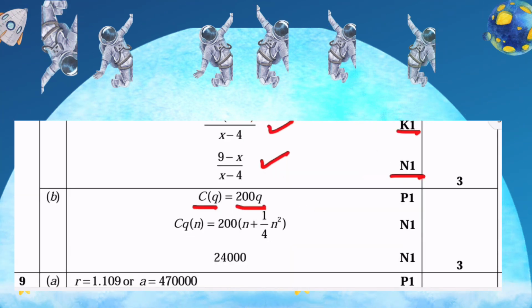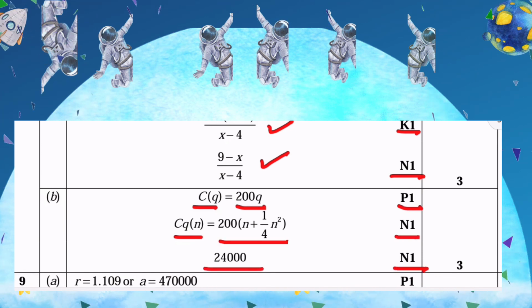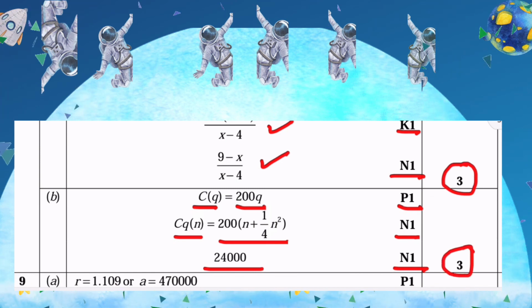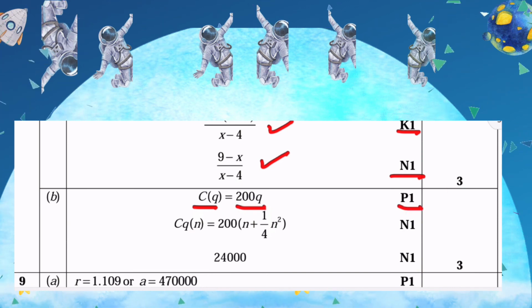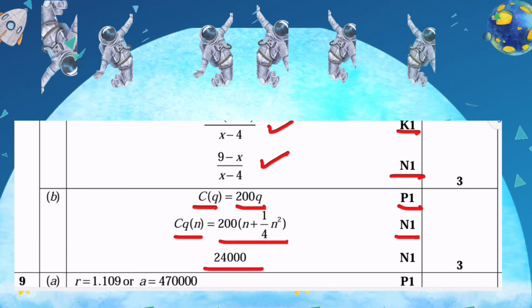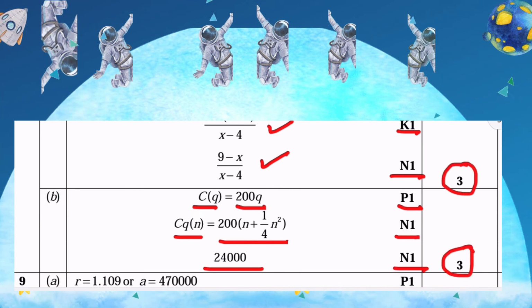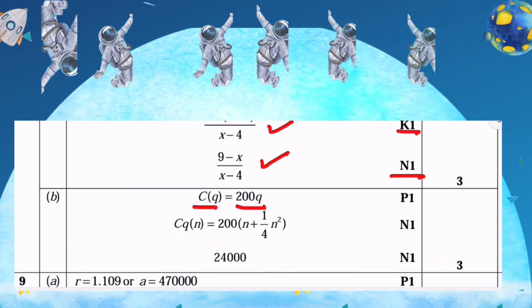Now if you write function C(Q) equal to 200Q, then the function Q depends on the n, so it's C(Q(n)) equal to 200 times with n plus 1/4 n squared, and you substitute the n equal to 20, you get the answer 24,000. So total marks is 3 marks for part B.